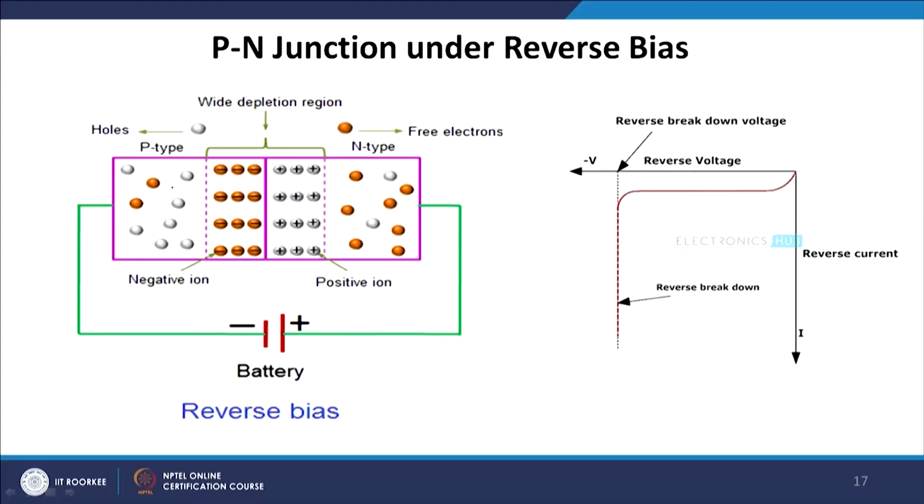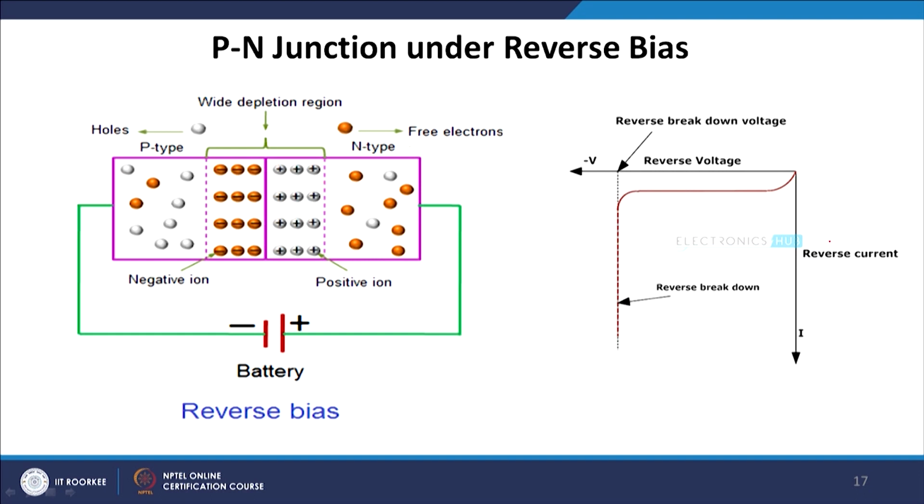So, we have learned two different kinds of bias junctions, one is forward bias and another is reverse bias. If we draw this diagram, in this case the P type is connected to the negative terminal and the N type is connected to the positive terminal, and you see that in this case the depletion region becomes wider.